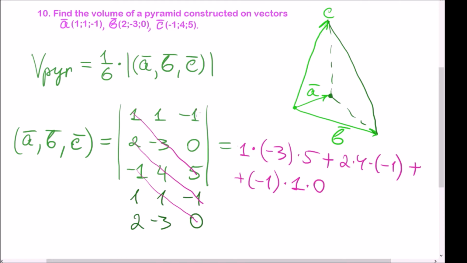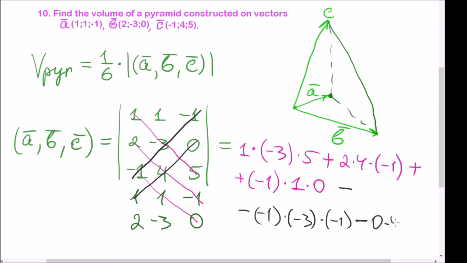Then we'll consider the second diagonal and take that product with minus. So minus 1 multiplied by minus 3 multiplied by minus 1. And the next triple will be with minus, 0, 4, 1, and minus the third triple of numbers, 5, 1, 2.